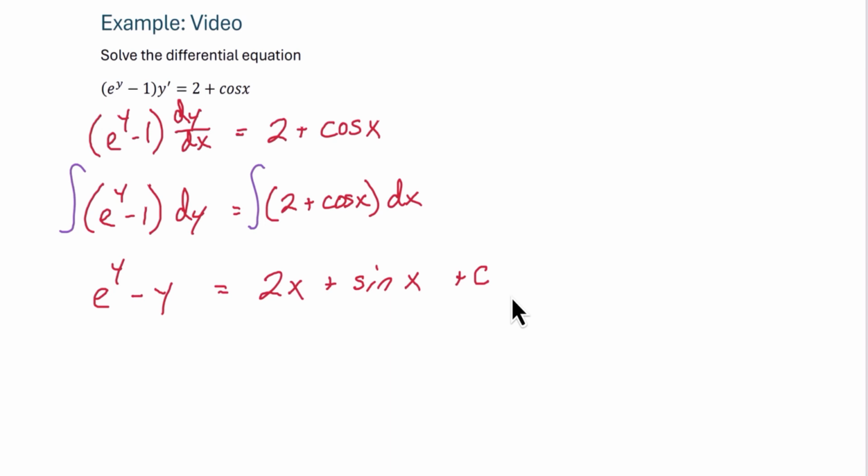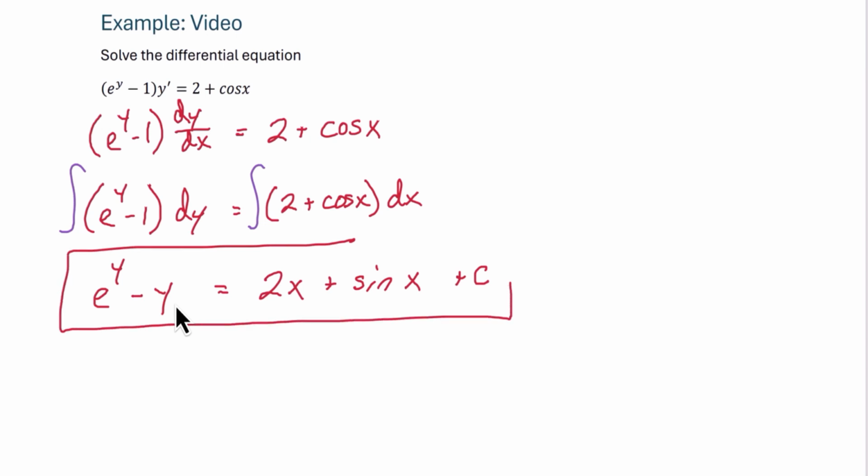And at this point, we can attempt to solve for y, but since we have y in the exponent and y down below here, it looks like we cannot explicitly solve for y. So we're done at this point. We've got an equation for the solution of this differential equation.